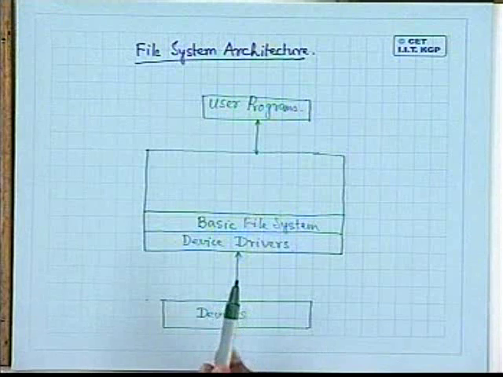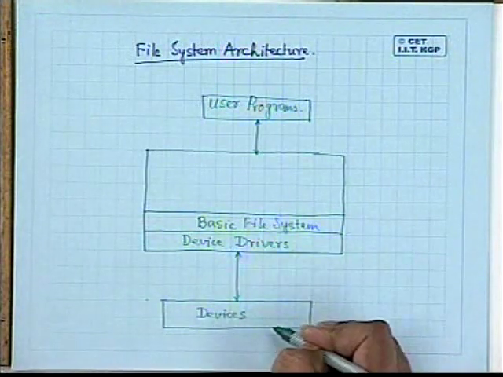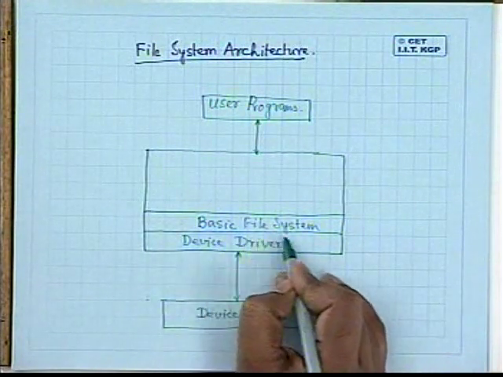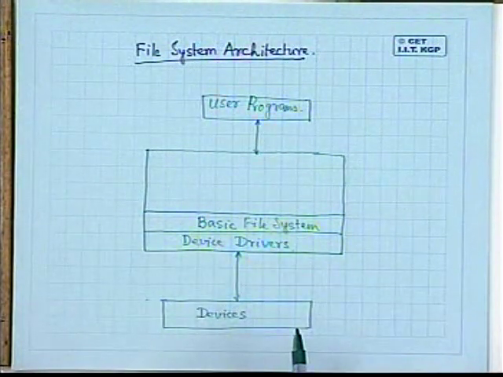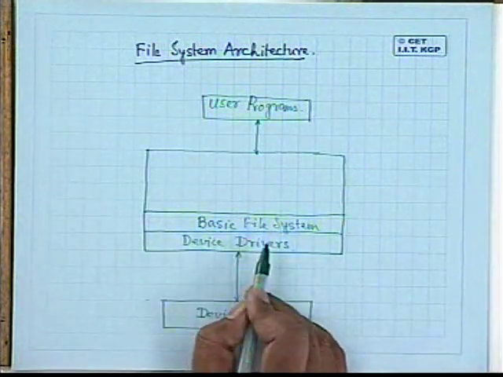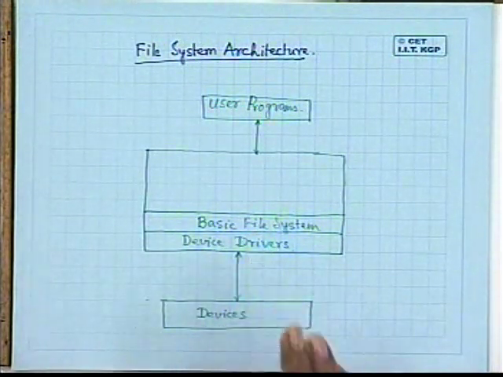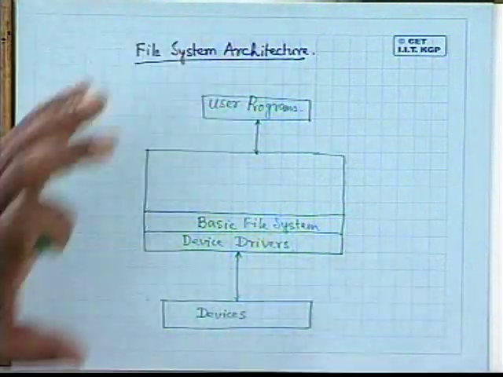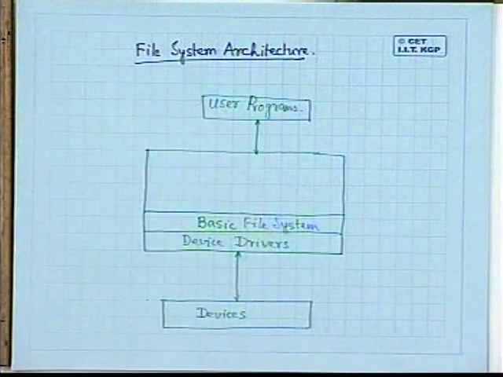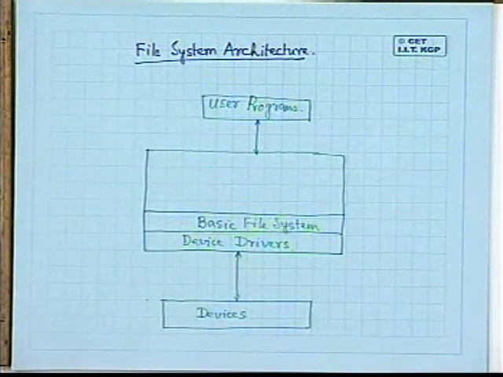Similarly, whenever we want to write data on a block on the device, that will also be a responsibility of the basic file system. However, the basic file system does not understand what the content of that file is. It simply takes a block, puts it into the buffer, simply takes a block from the buffer, puts it on the disk block. That's all.